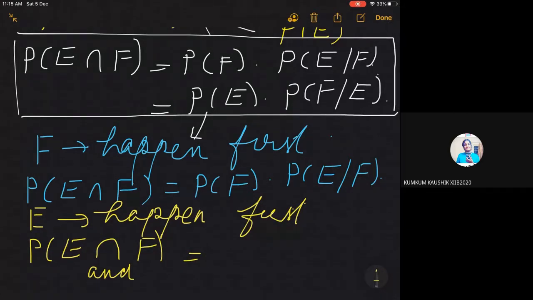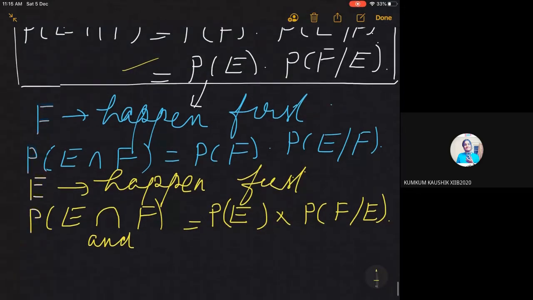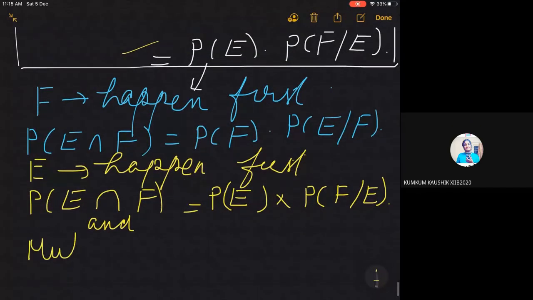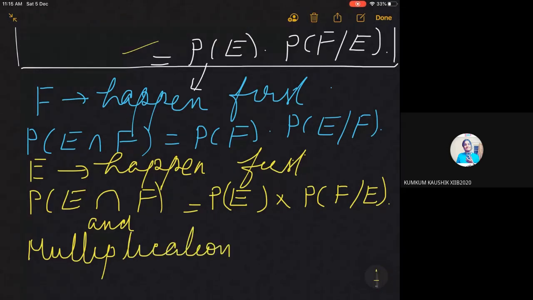So P of E intersection F will be, if E happened first, P of E into P of F given E. This is known as the multiplication theorem. The name multiplication theorem comes from this: and is converted to the product.